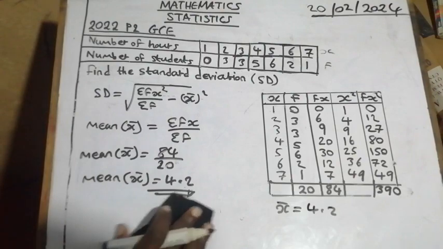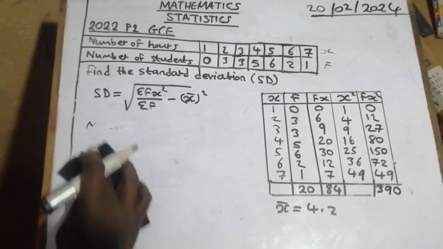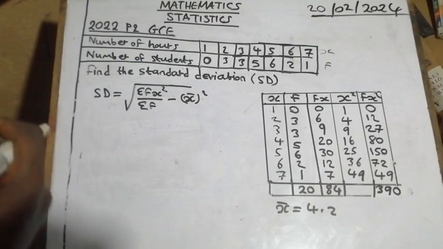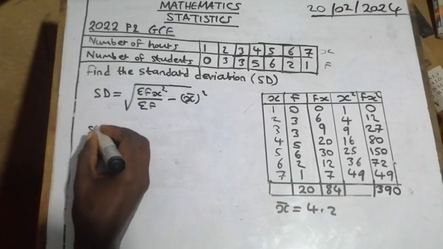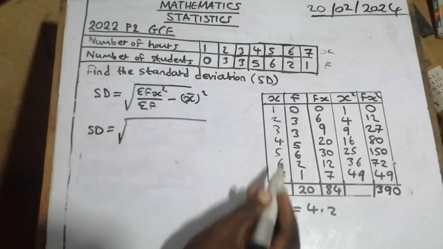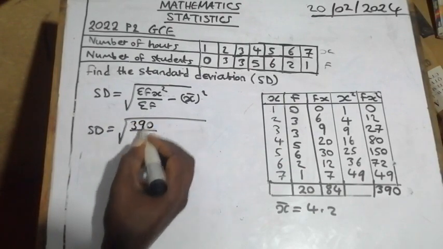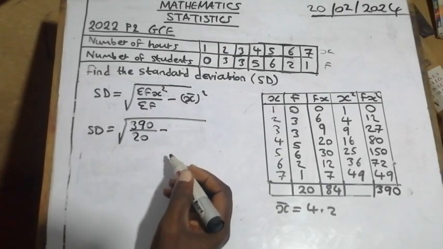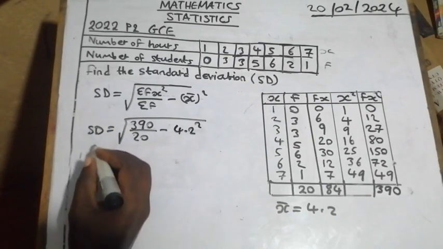So that we start finding now the actual question, the standard deviation. For standard deviation, this is the formula: SD equal to the square root of summation of fx squared, for which we have the figure 390, over summation of frequency, which is 20, minus x bar, where x bar is 4.2, squared.